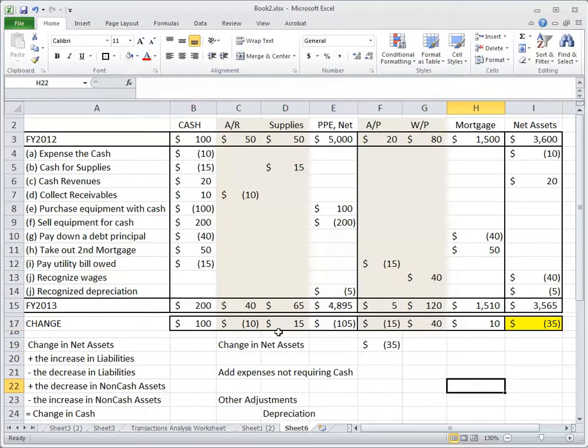And so the indirect method is a way of backing out the value of the net asset change in order to get over here to the value of the change in cash flow.